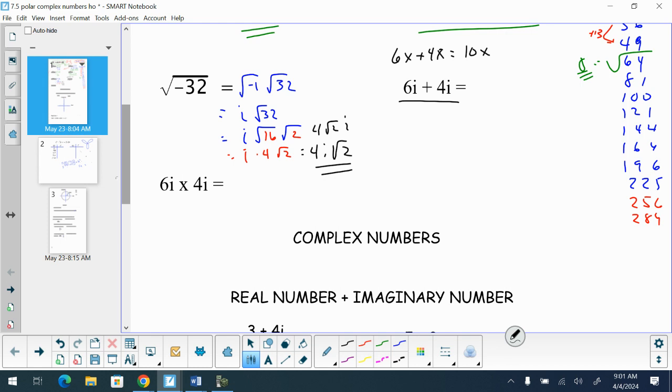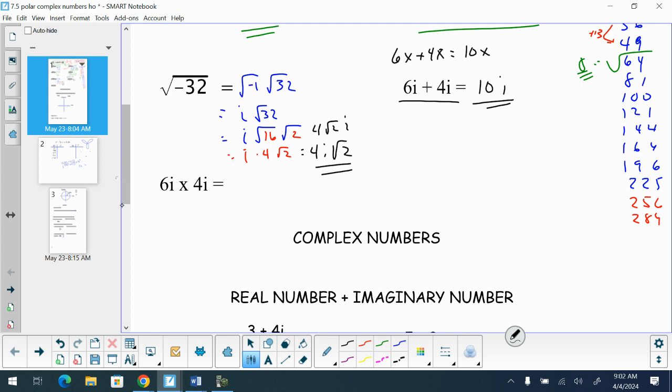So if I have 6i plus 4i, what do you think that equals? 10i. There we go. You would have eventually got there, but we'll ease our pain here a little bit and just add our coefficients together, which gives us 10i.